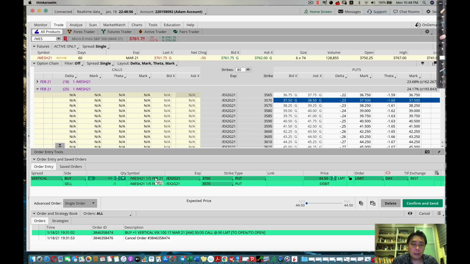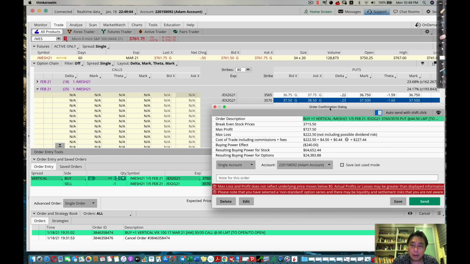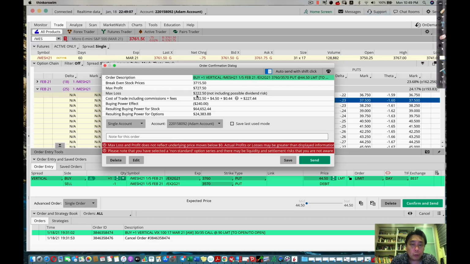Okay, so now one contract will be $44.50 times 5, and that will only be $222, right? So pretty affordable. If you lose everything, you only lose $200. But if it goes down like you expect, you could make $700. So you're risking $200 to make $700.